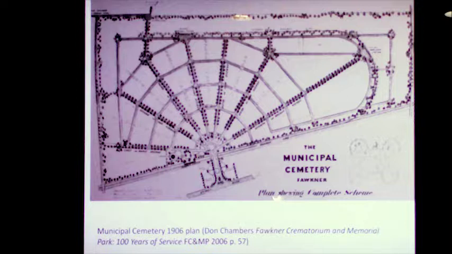It seems unlikely that this is the actual plan for the cemetery that he sent with his application. It's definitely an early iteration. If you're familiar with the cemetery, you will notice that it is quite different, but the central so-called spider's web is the key feature that remains in all versions.